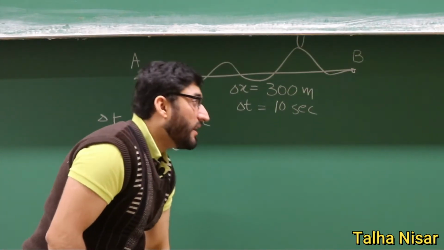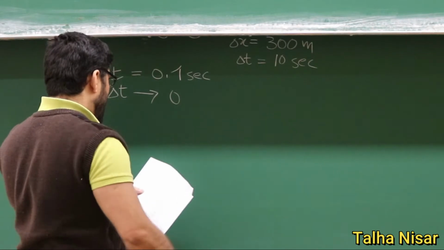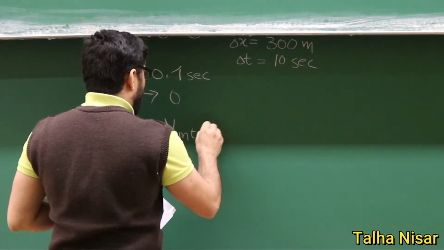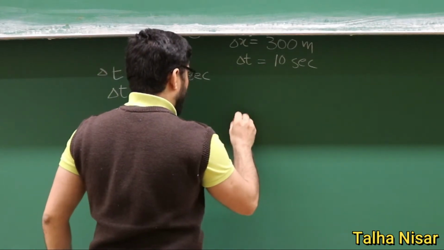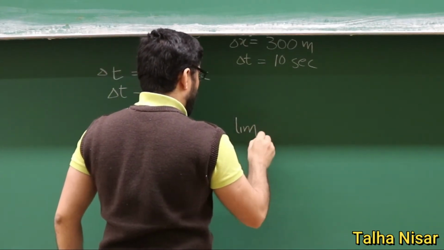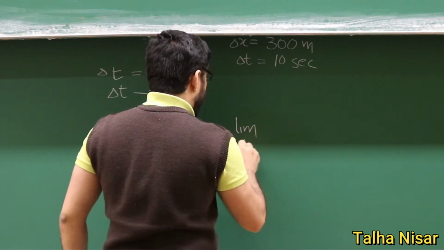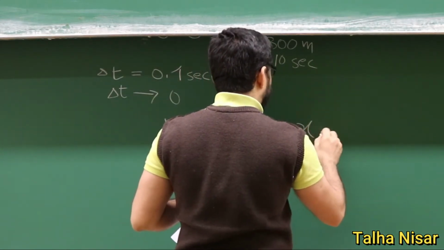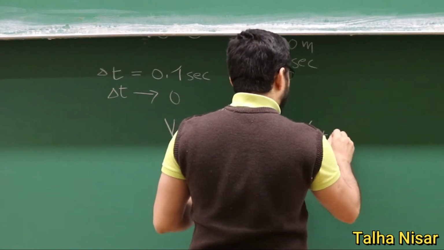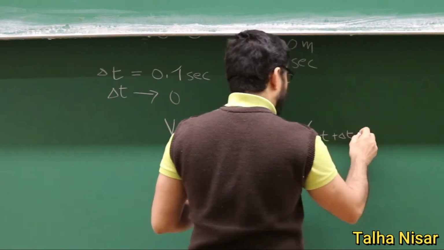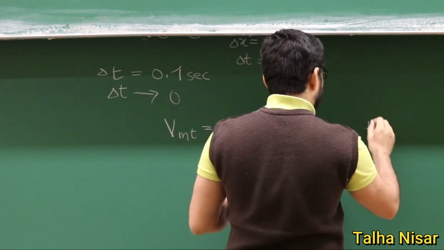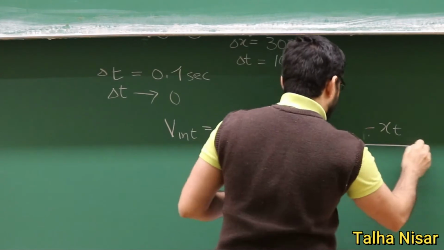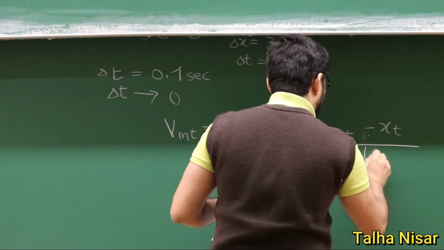Mathematically it can be written. The instantaneous velocity is the limit, when delta t approaches 0, of x(t plus delta t) minus x(t), divided by delta t.